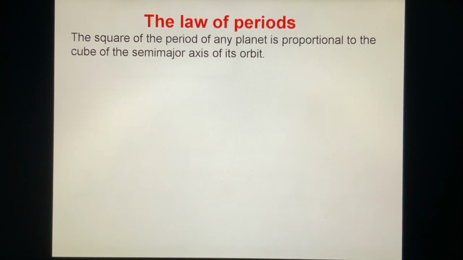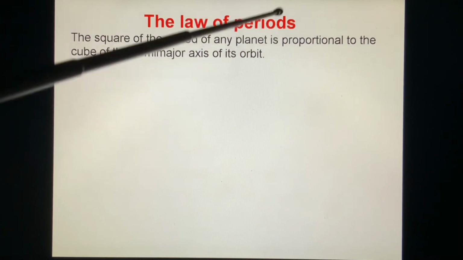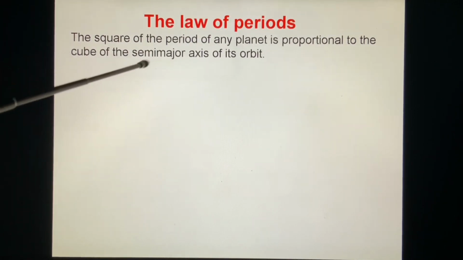The law of periods. The square of the period of any planet is proportional to the cube of the semi-major axis of its orbit.